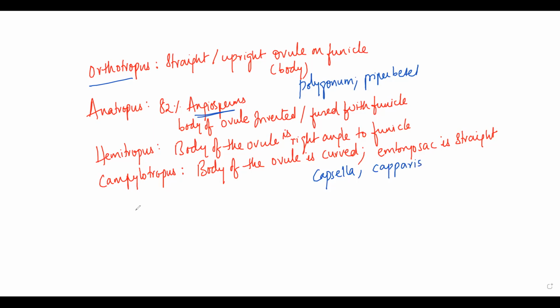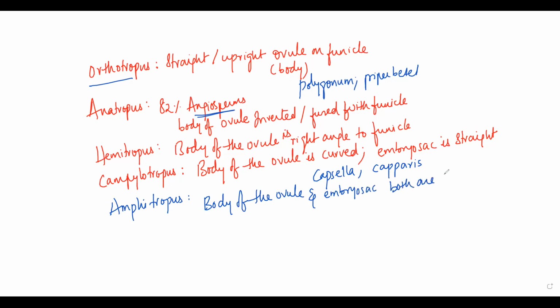The next one that we'll be seeing is the Amphitropous. Where is Amphitropous found, and how? Both the body of the ovule as well as the embryo sac are curved.